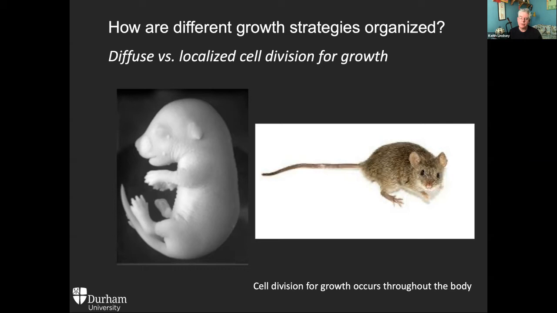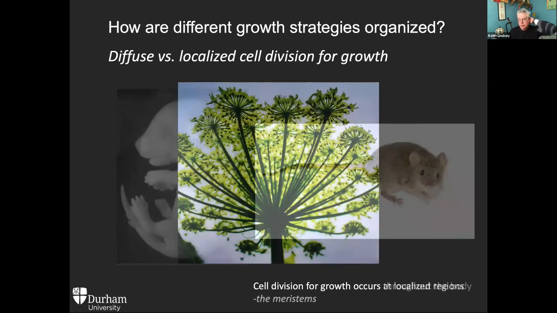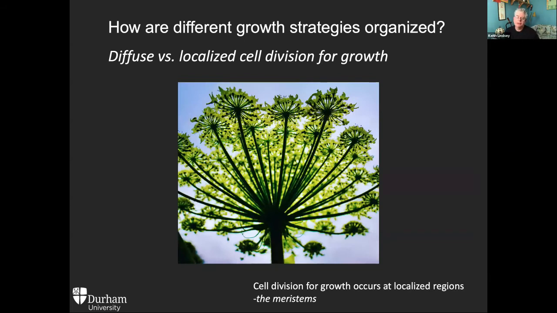The cells don't fill with water and generate shape in that kind of way. And in plants, the defining feature, which is really the focus of this talk, is the activity of small groups of cells at which cell division for growth occurs, and these are known as the meristems, which of course animals don't have.